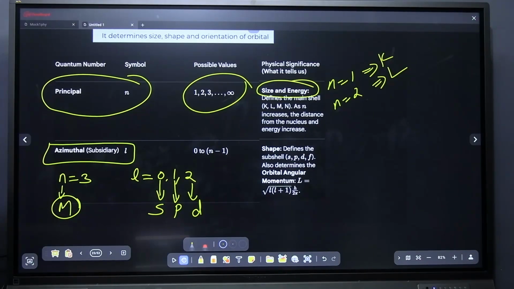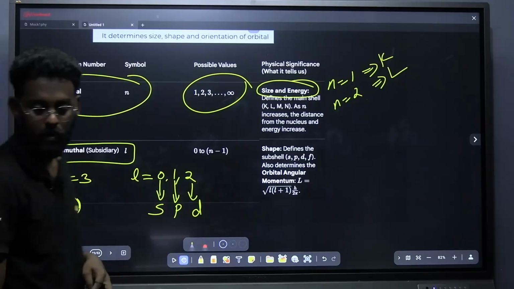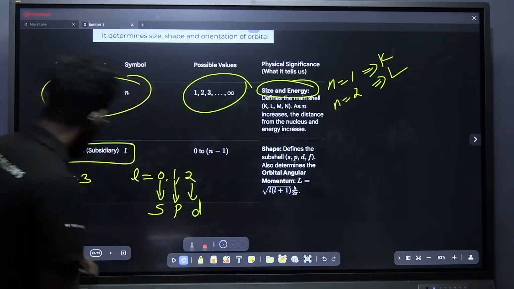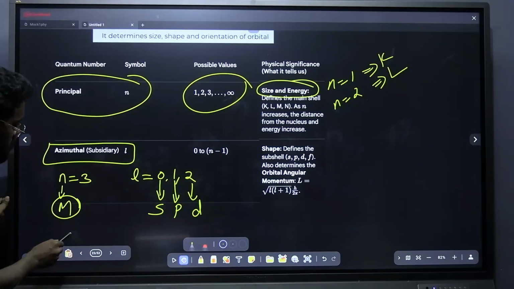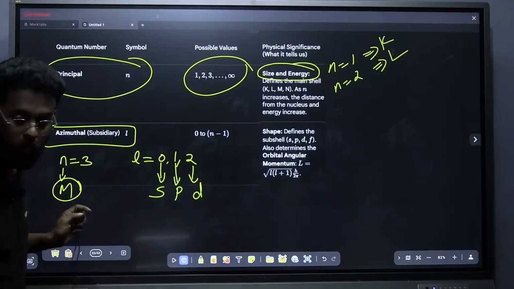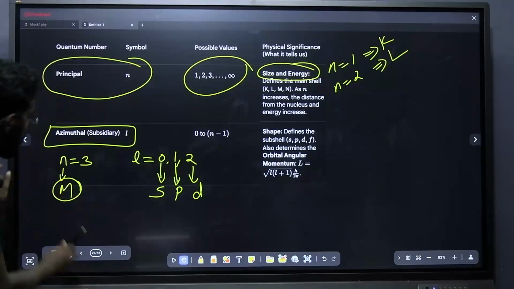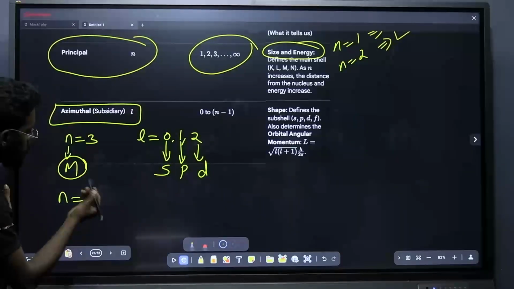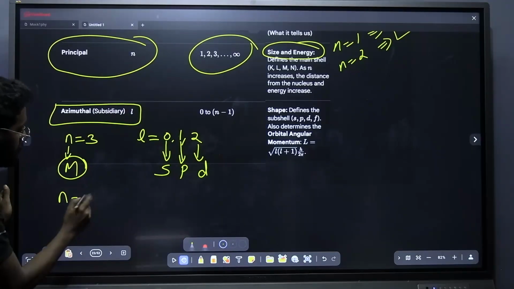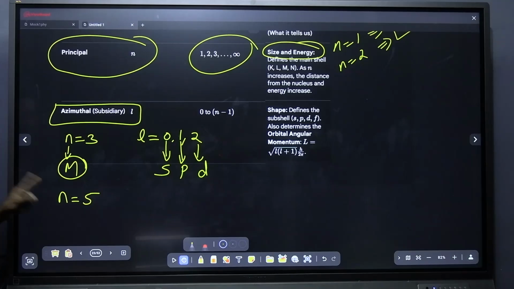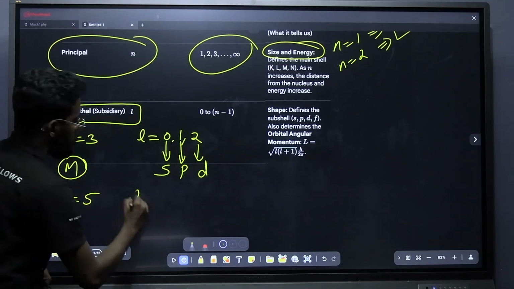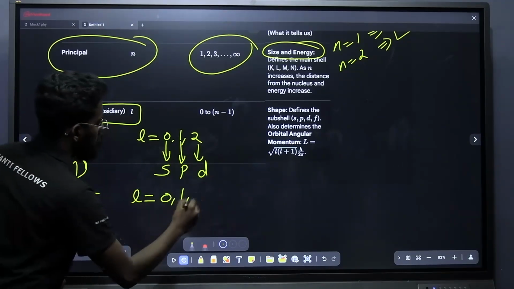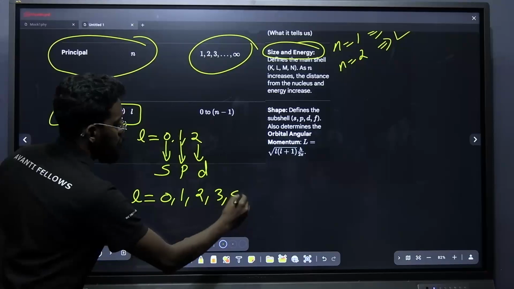Got it? Okay. For l equal to 3 and 4, which shell? For l equal to 3 and 4, the principal quantum number should be 5. If principal quantum number n is equal to 5, what are the l values? 0, 1, 2, 3, 4.